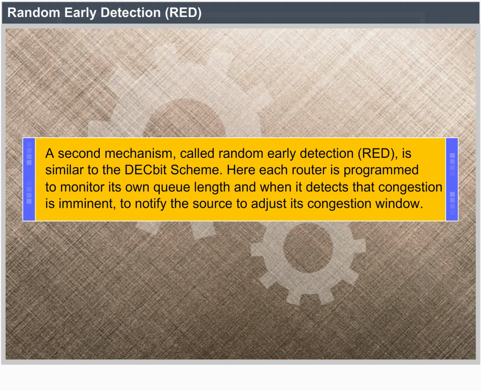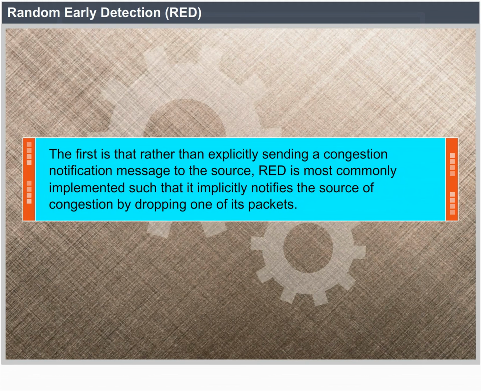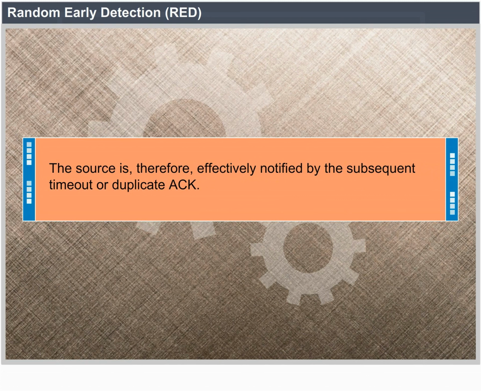The first difference is that rather than explicitly sending a congestion notification message to the source, RED is most commonly implemented such that it implicitly notifies the source of congestion by dropping one of its packets. The source is, therefore, effectively notified by the subsequent timeout or duplicate ACK.